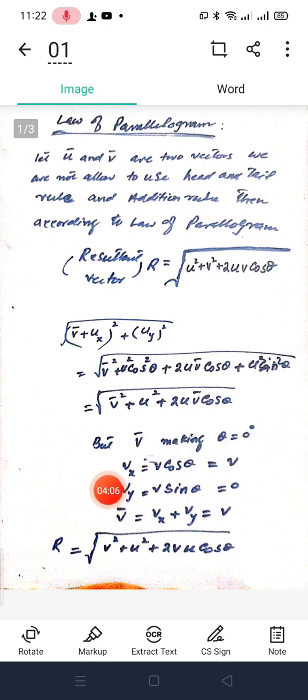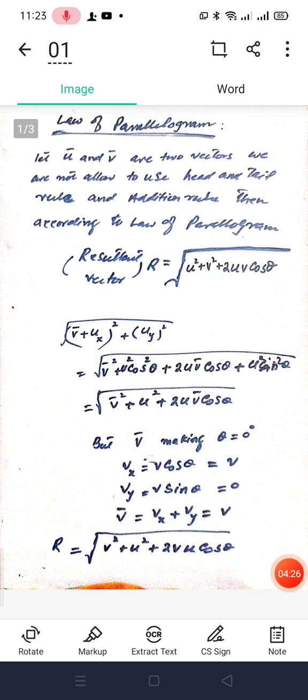What is our base? Base was our u vector plus ux vector. And our perpendicular was uy vector.